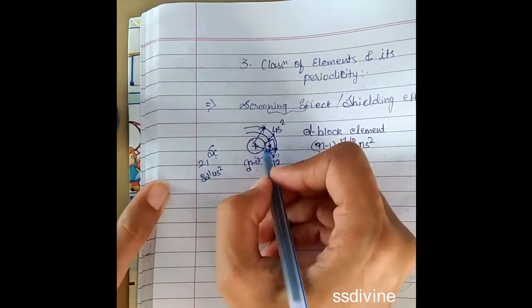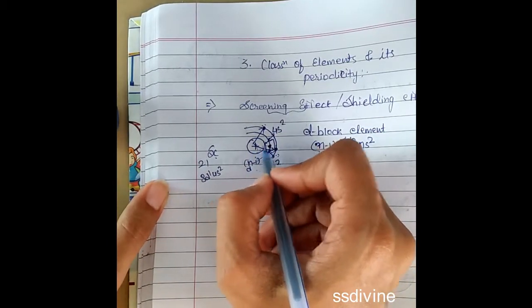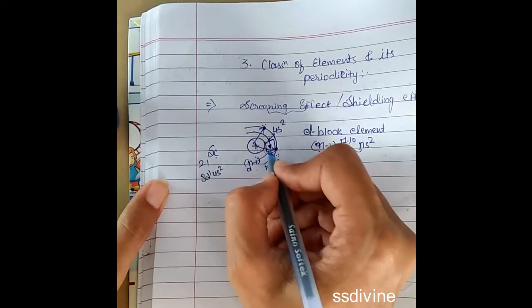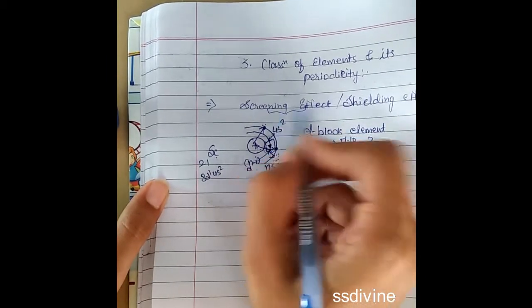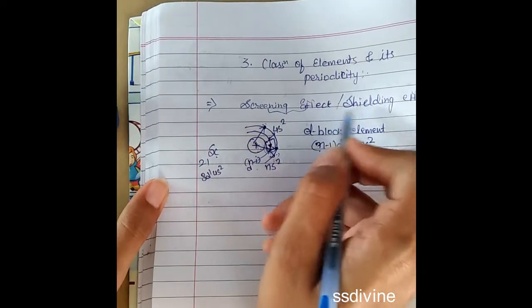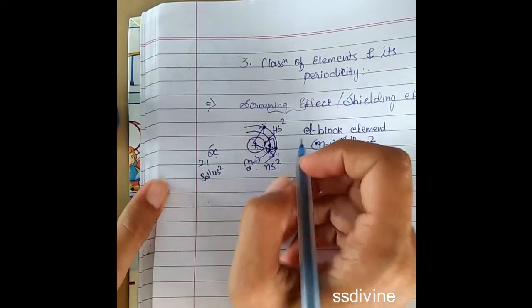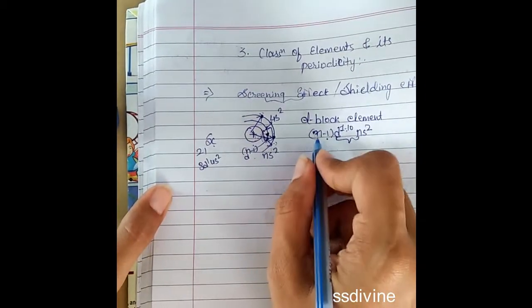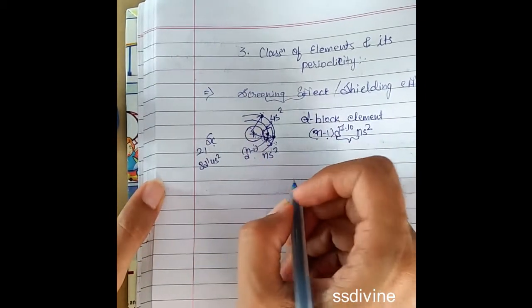They are shielding. They want the force of attraction of the nucleus particularly on them only. So this kind of effect is known as screening effect, or you can say shielding effect. Clear?